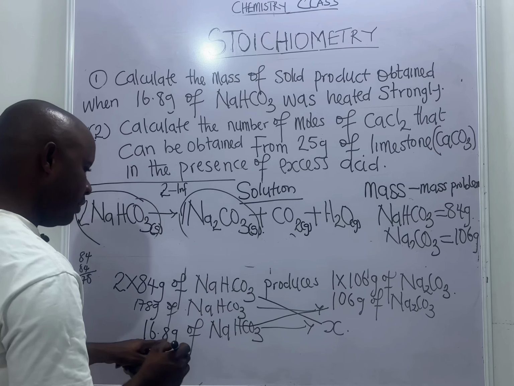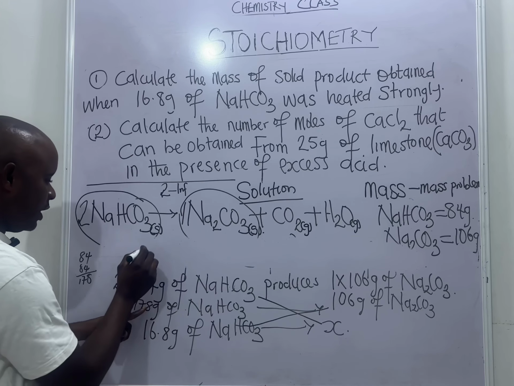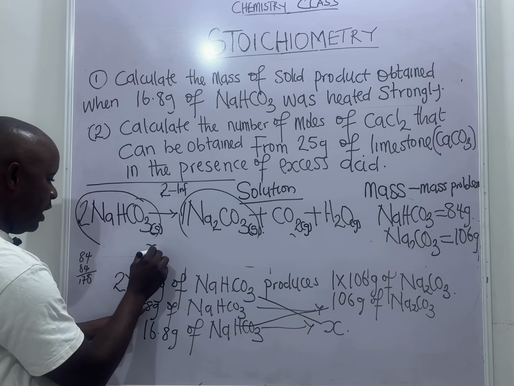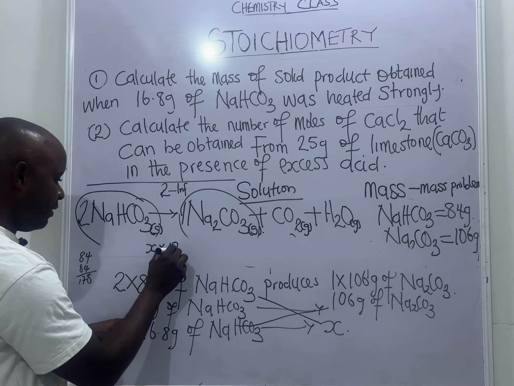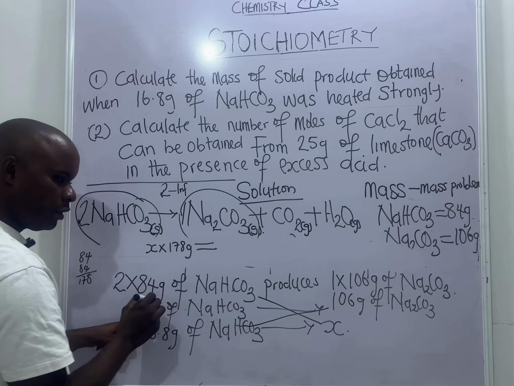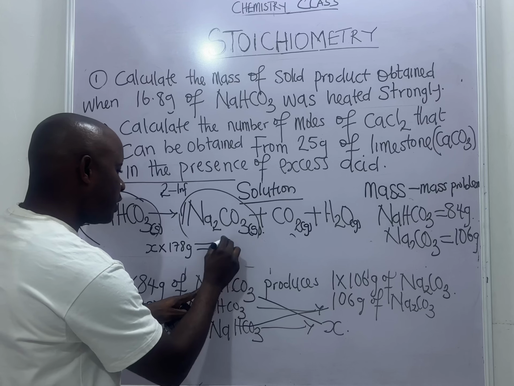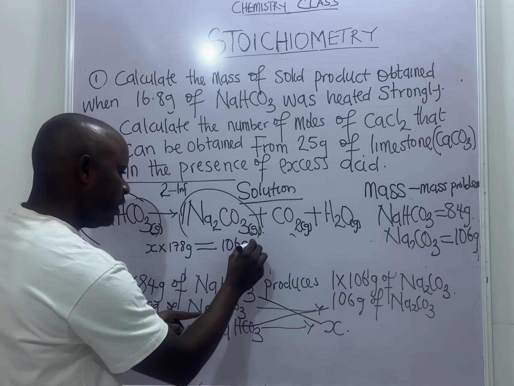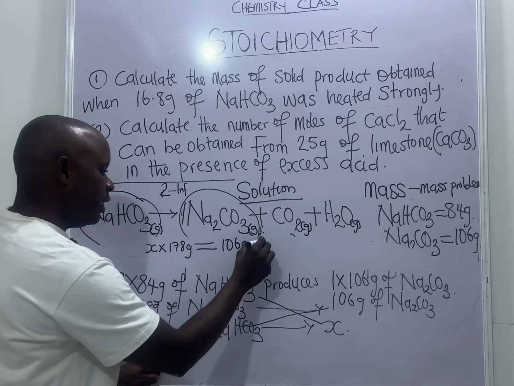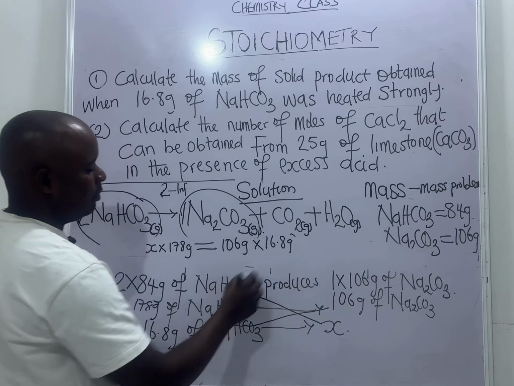We're going to have S times 178 gram will give us 106 gram times 16.8 gram.